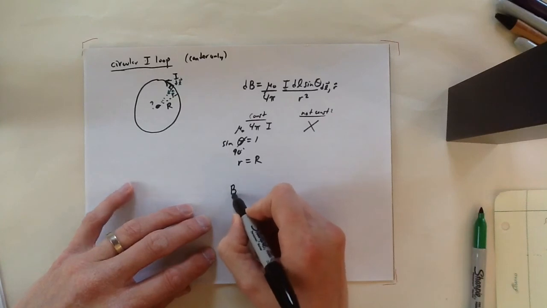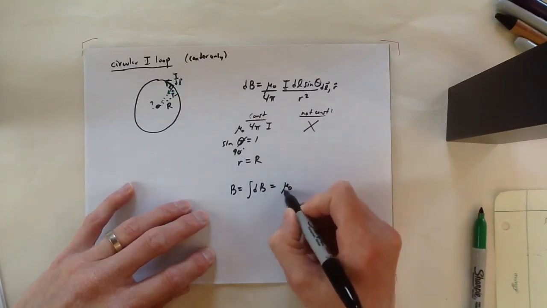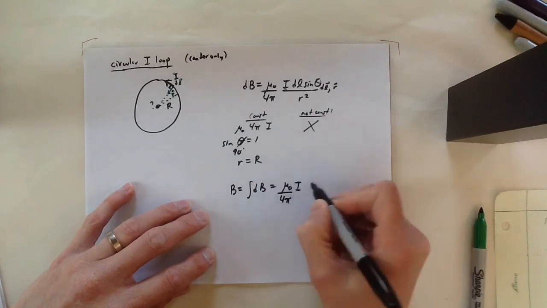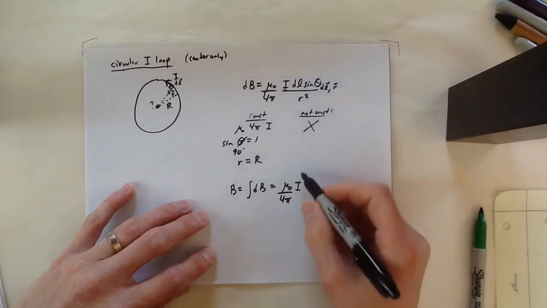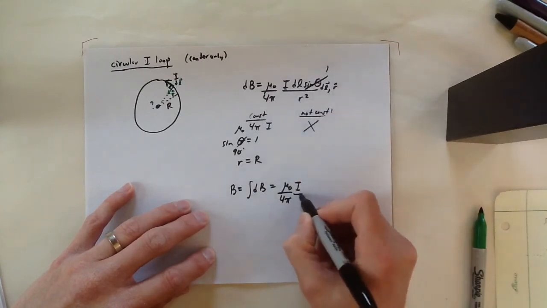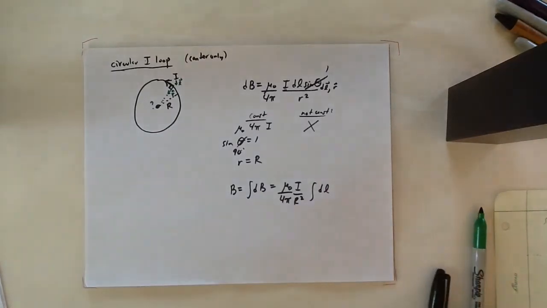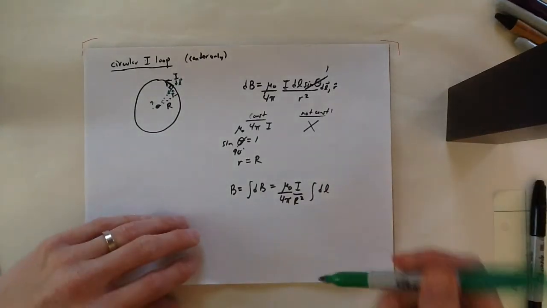When I integrate, I put mu naught over 4 pi I. Sine of theta is always 1, and this is always a big R. And then all I get is the integral of dl. So, the integral of dl is easy.